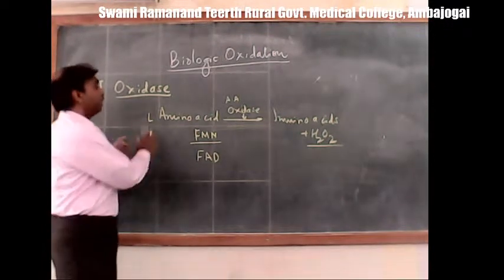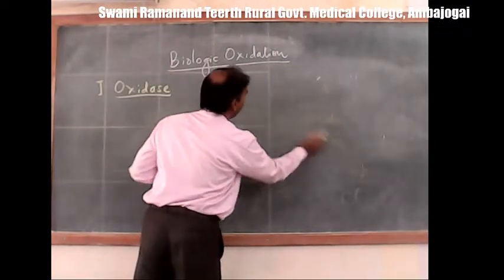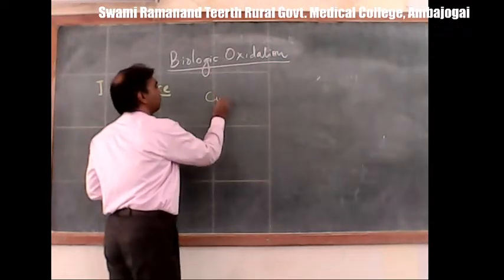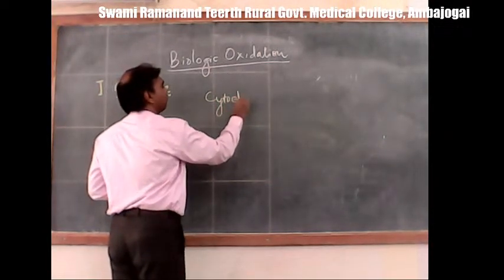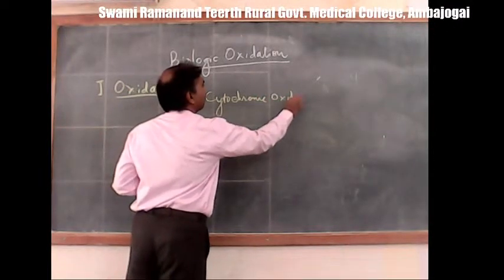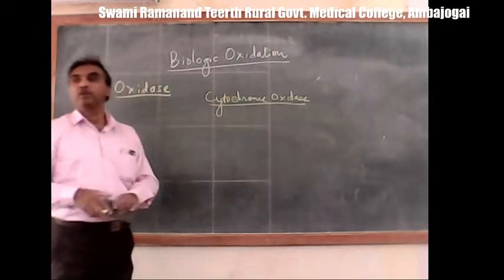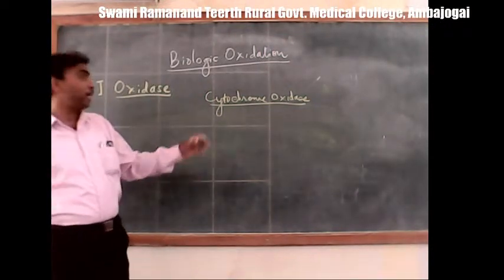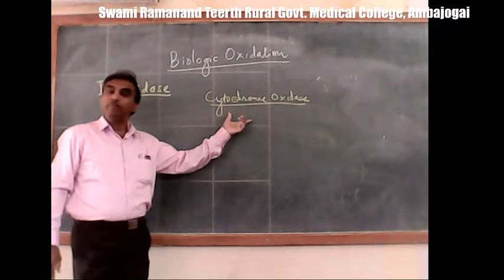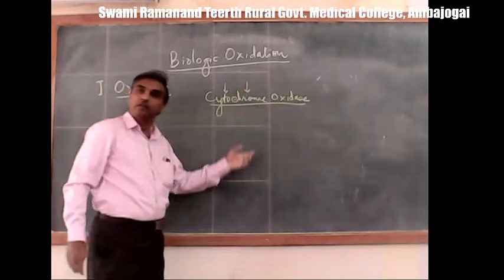Now the second example is of importance, that is called cytochrome oxidase. The name itself indicates: cyto means cell, chrome means color.